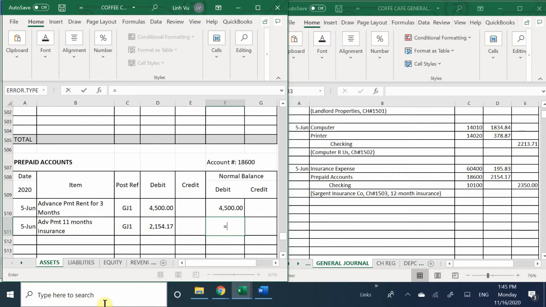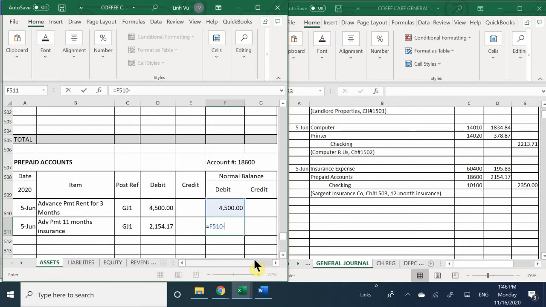No. It's the equal sign, obviously. Okay. And then it's click on the box above, correct? Yep. The 45. And that is going to be minus, right? Because I'm going to, oh no, wait.